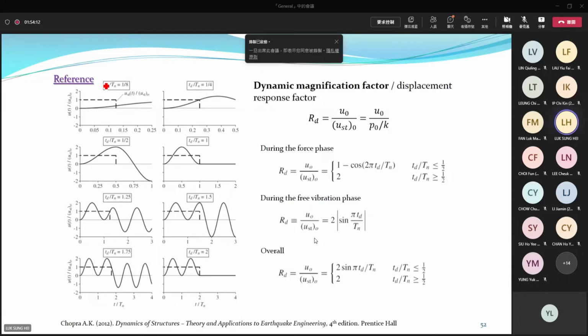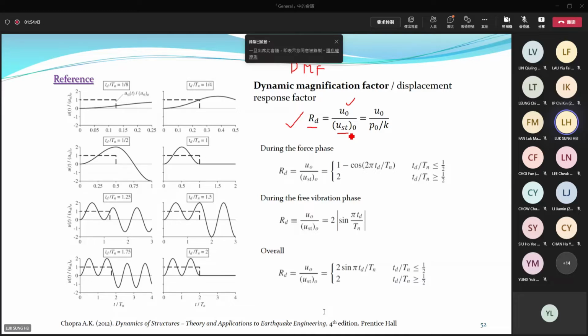This slide just shows you one concept again, dynamic magnification factor that we have seen in section 1 for our structures under a sinusoidal force. Right here, for our structures under a pulse, you can also borrow the concept, dynamic magnification factor, DMF, or you may call this RD. The concept is that even though you are under a pulse force, you can still define the ratio between the vibration amplitude to the corresponding static component.